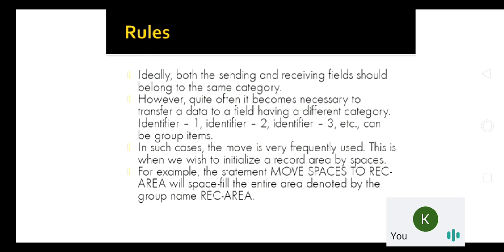At those times, if you use a statement like move spaces to record area, whatever records you have in that particular file will all be filled with spaces. We call these types of movement group item movements.